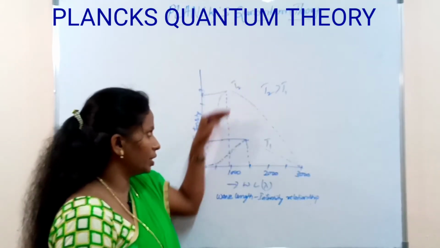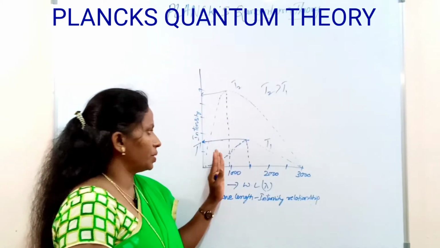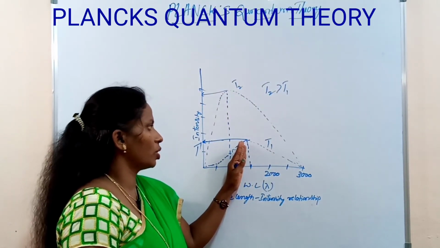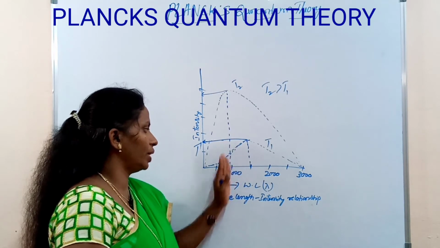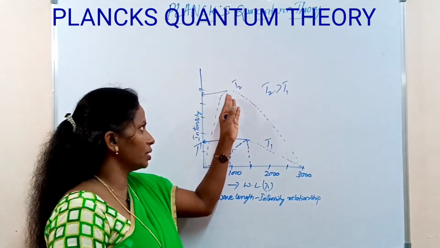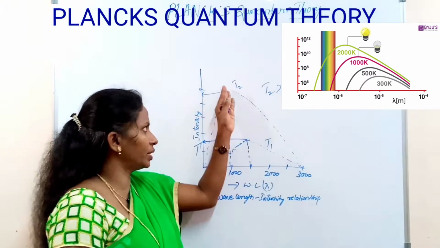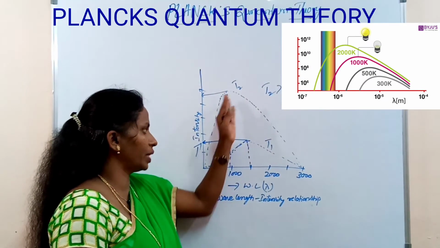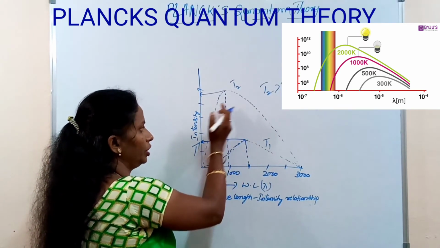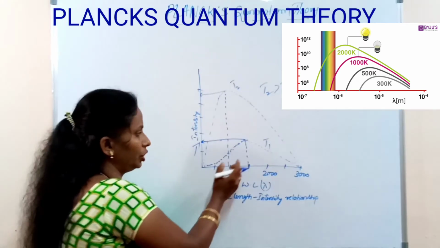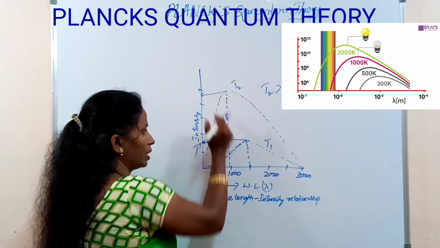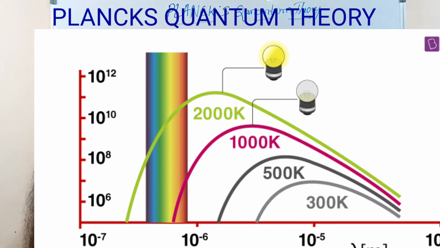With an increase in temperature the substance emits low wavelength, high frequency radiation. As the temperature increases, it emits radiation of higher frequency, or the maxima shifts towards lower wavelength.